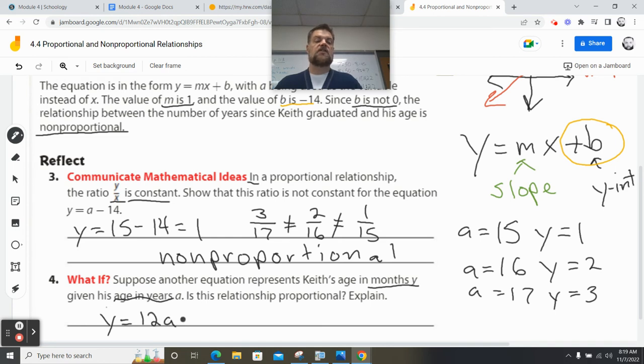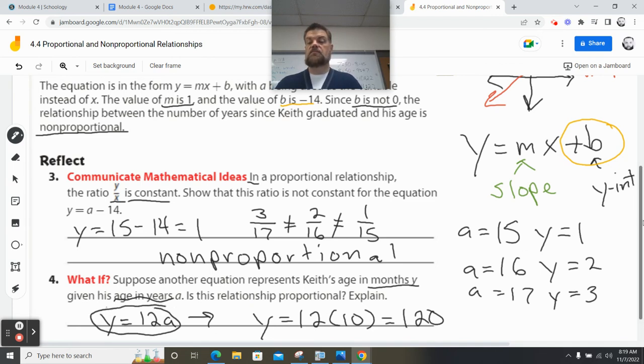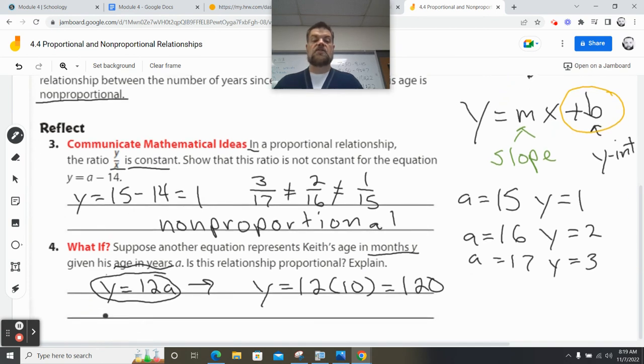So if I want to calculate his age in months, in other words, when he is 10 years old, how many months old is he? 120. But notice this equation. What's the y-intercept? If it's written in y equals mx plus b, what's the y-intercept?